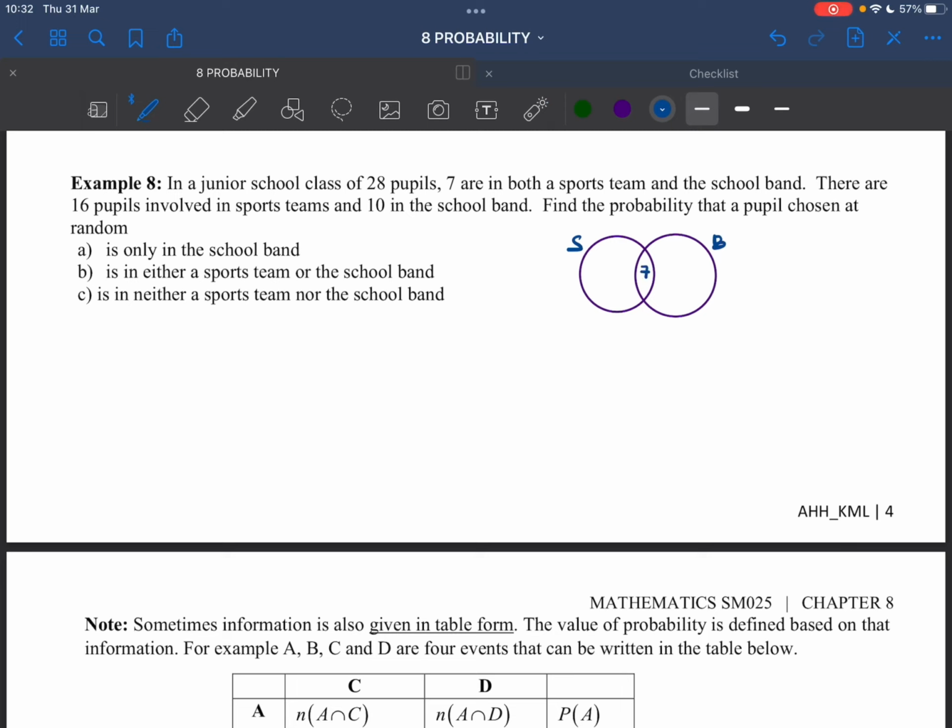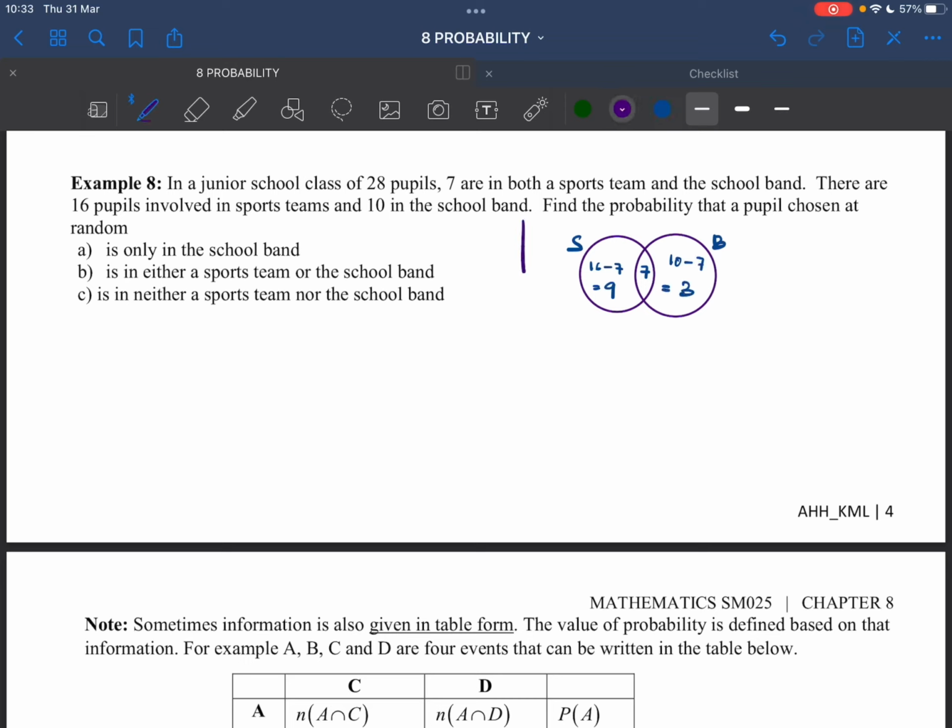Okay, 16 pupils in sports team, including this one in the center here. So what you have to do is minus, so that will be 16 minus 7, so here we have 9. And 10 in the school band, 10 including the center, so you have to do 10 minus 7, so here will be 3.